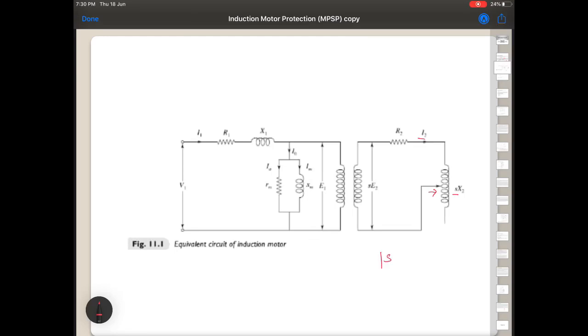This is what is meant to be shown here, and you can see that the rotor voltage is S times E2. So I2 is proportional to this as well as this. That is the equation we saw just now.